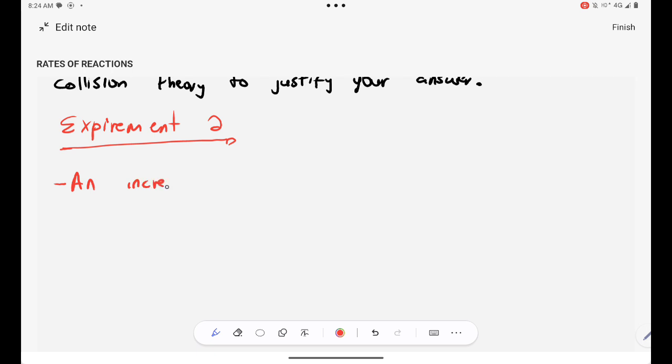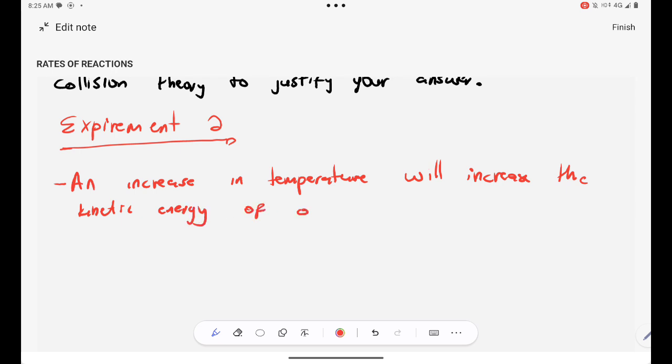An increase in temperature will increase the kinetic energy of colliding particles. Are you together?